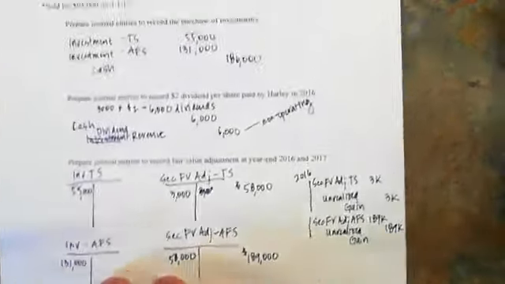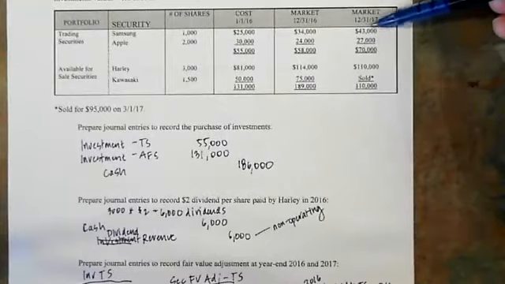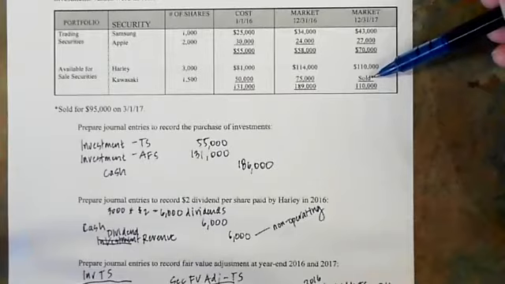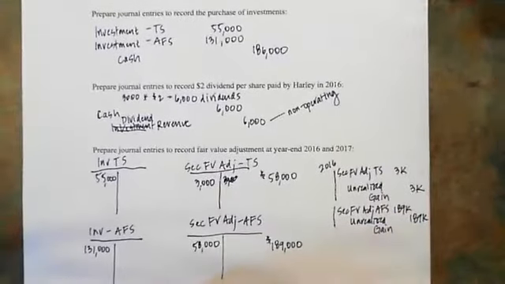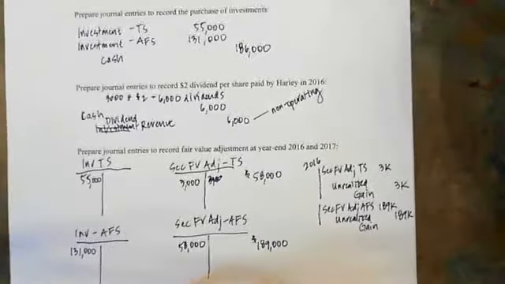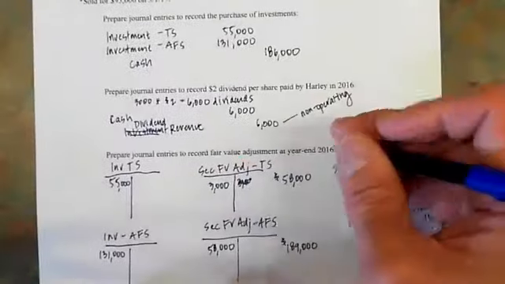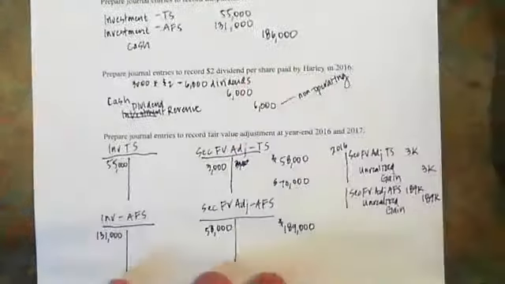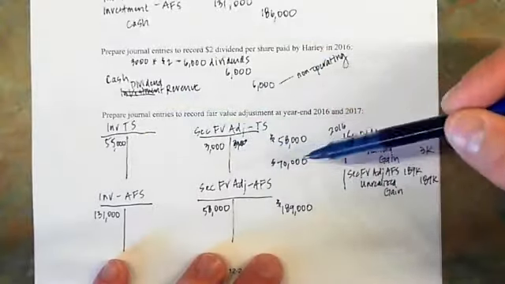For 2017, I have a market value of $70,000, which we'll deal with first, and then we'll come to this because notice now we've sold one of these securities. Right? So at the end of the year, I have a market adjustment for my TS. I want to get them to 70,000. Well, 55 plus what will give me 70?